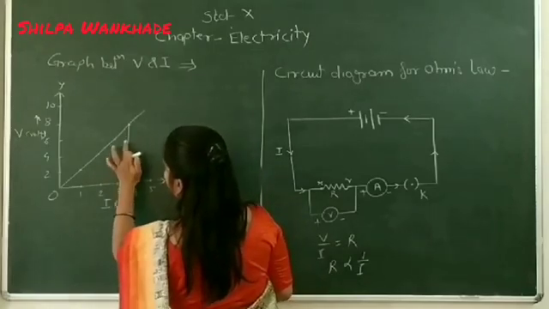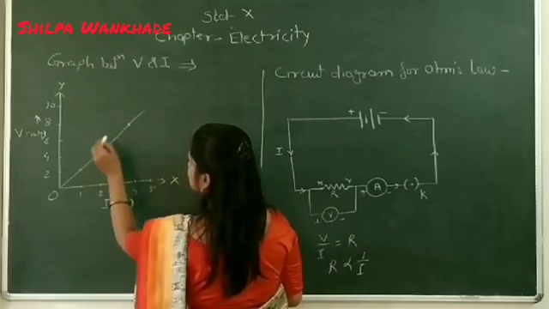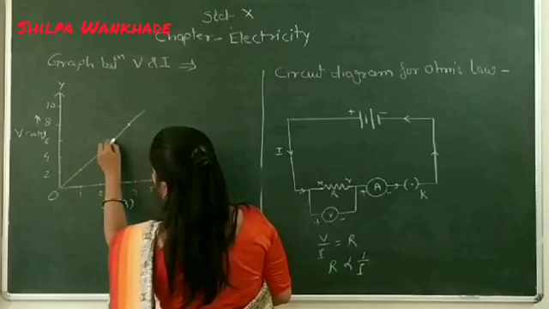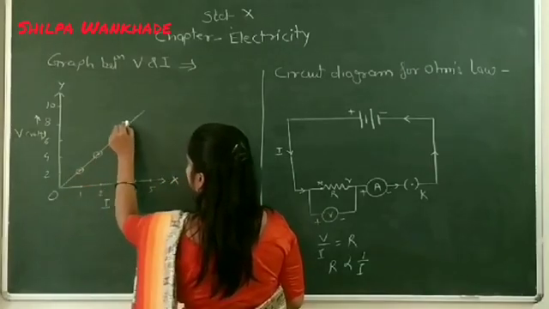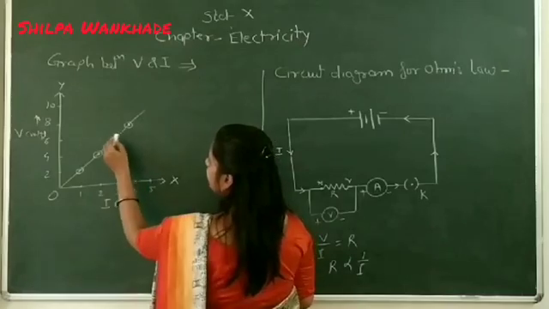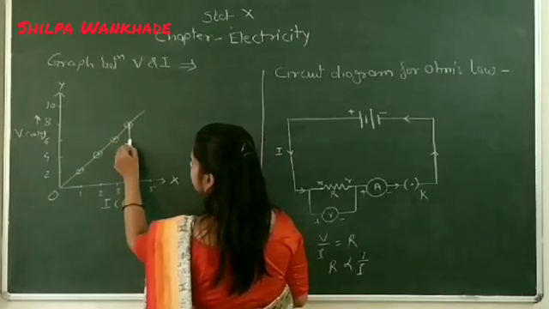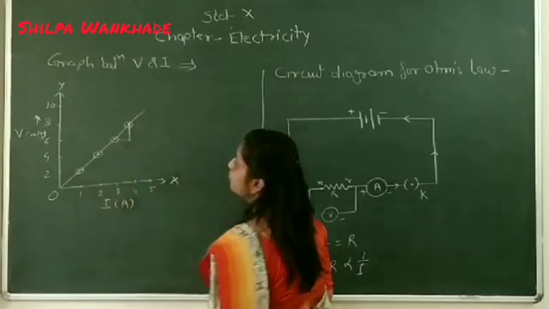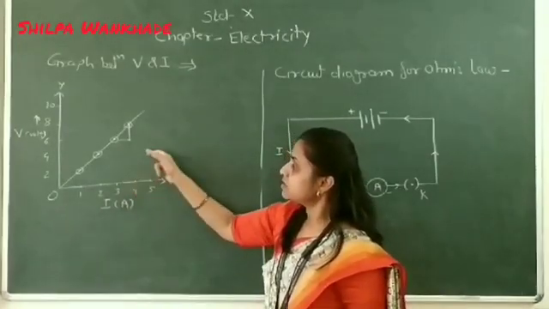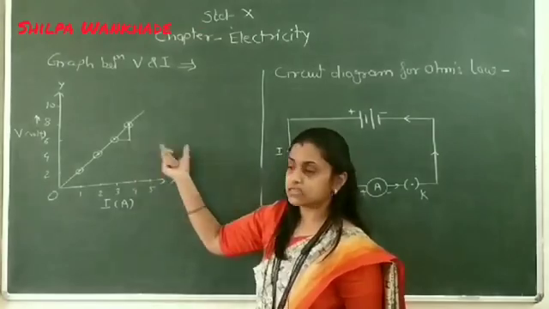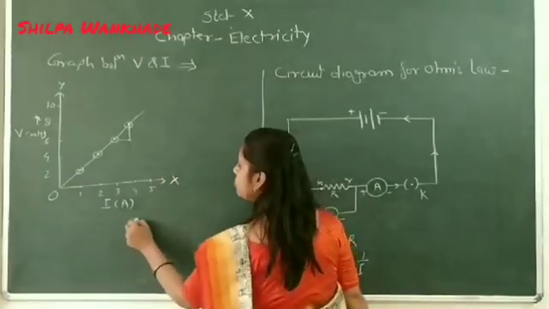And how do we find the slope? If we join any 2 points, suppose we have these 2 points, then the slope of the graph gives the resistance. Now how do we find the slope of the graph?